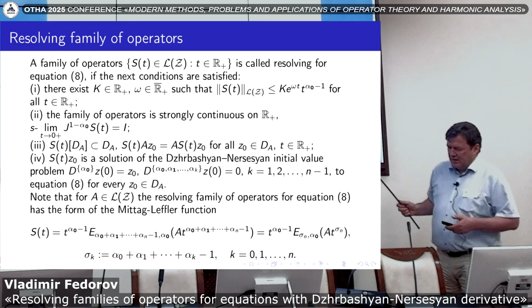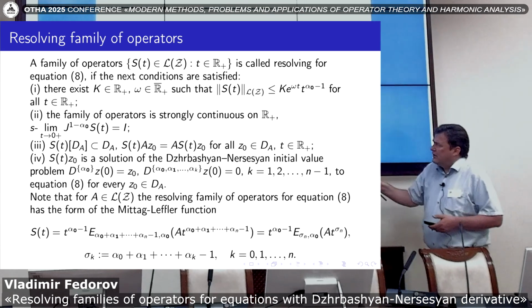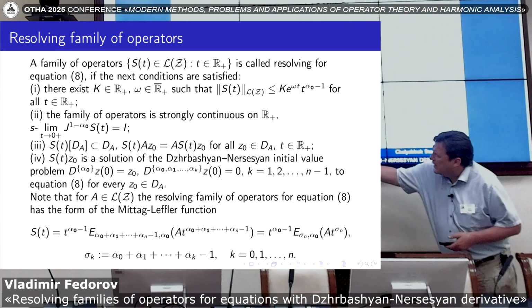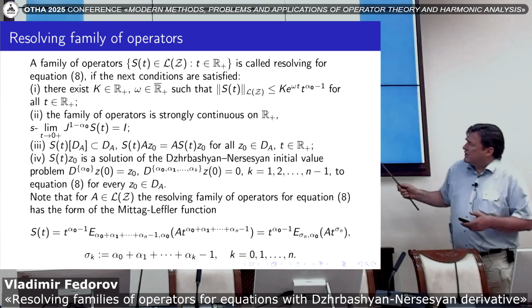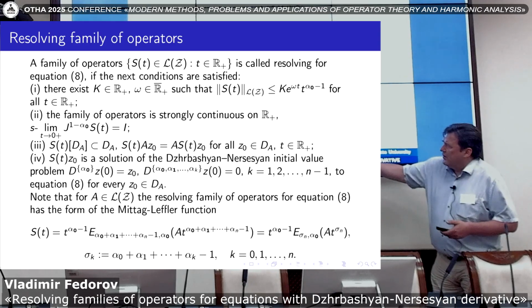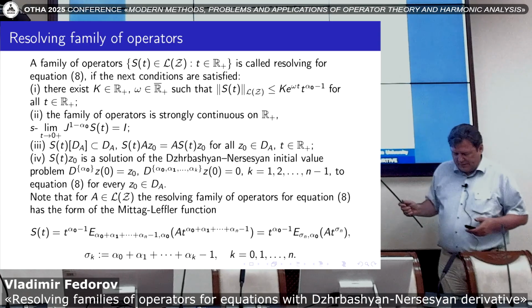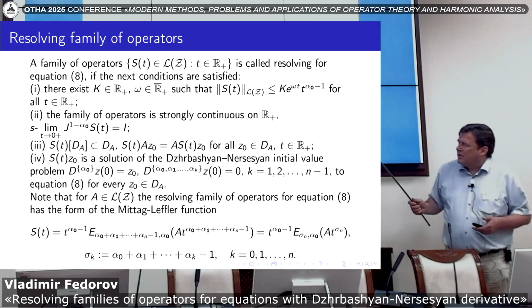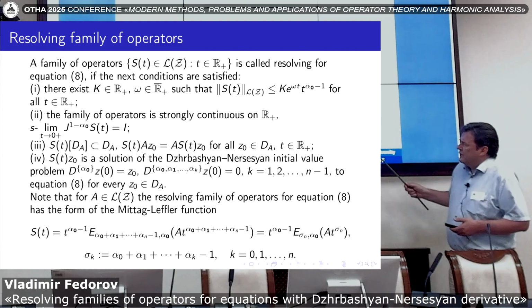Operators S_t have to commute with operator A, and the function S_t z_0 is the solution of the Dzhbashan-Nersesyan initial value problem with arbitrary first initial data from the domain of the operator A and 0 other initial values.